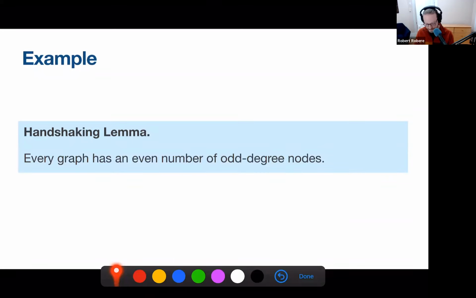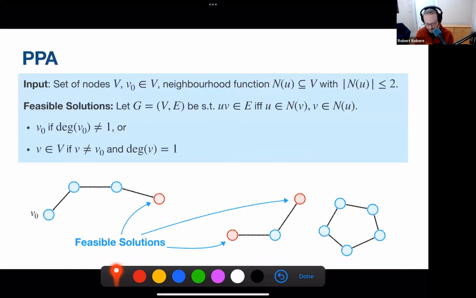The handshaking lemma: every graph has an even number of odd degree nodes. The way to turn this into a search problem is as follows. It's this PPA problem. We have a set of nodes V, some distinguished node, and a neighborhood function where all the neighborhoods have to be of size at most 2.